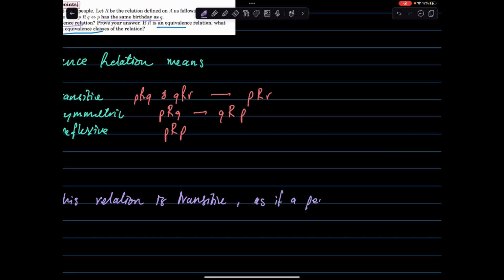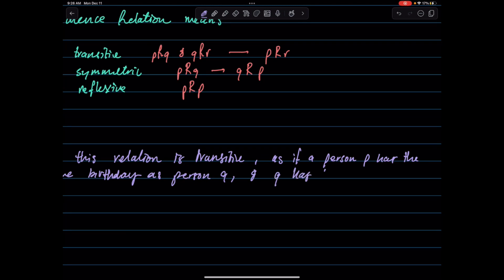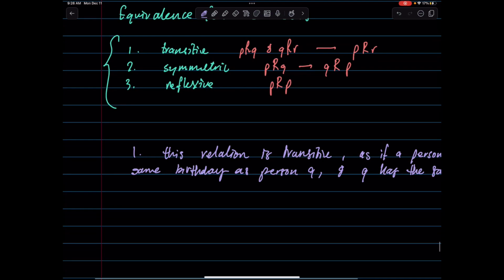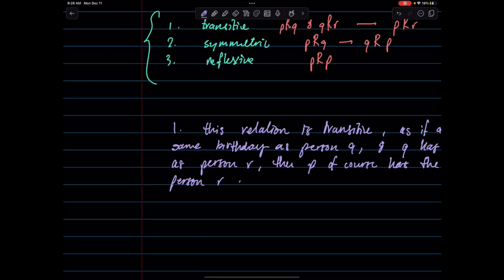If a person P has the same birthday as person Q, and Q has the same birthday as person R, then P, of course, has the same birthday as person R as well, right?